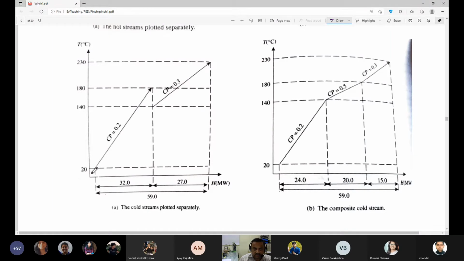From 20 to 180 is the line with CP value of 0.2, and this one with CP value of 0.3. Here also I have a common portion, between 140 and 180, which is a little shorter in this case. When we combine them, the common portion will have a CP value which is the sum of 0.3 and 0.2, so 0.5.